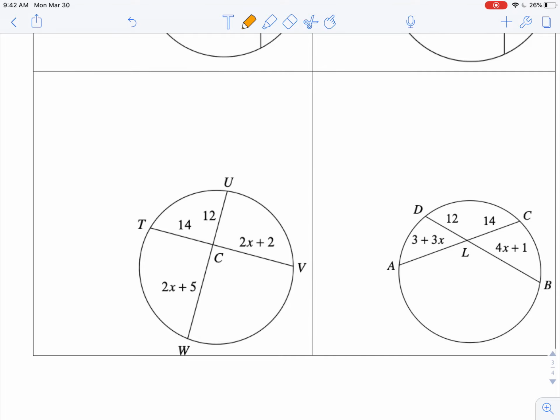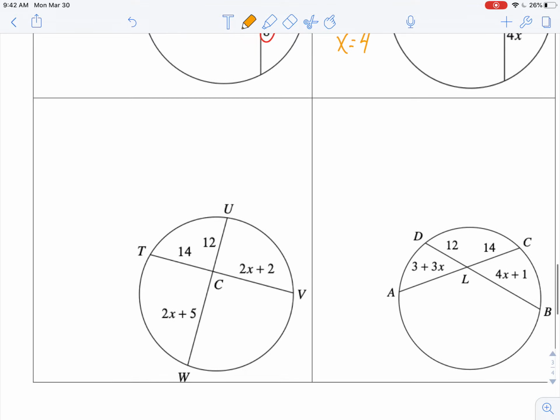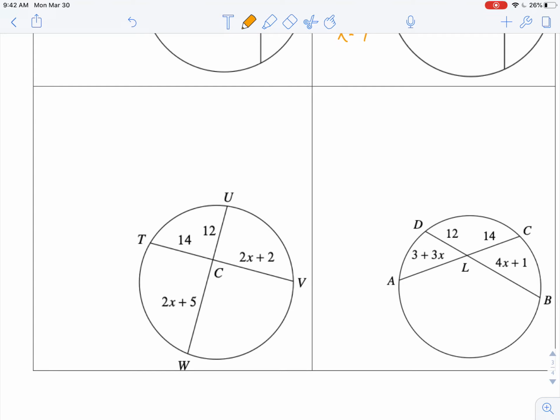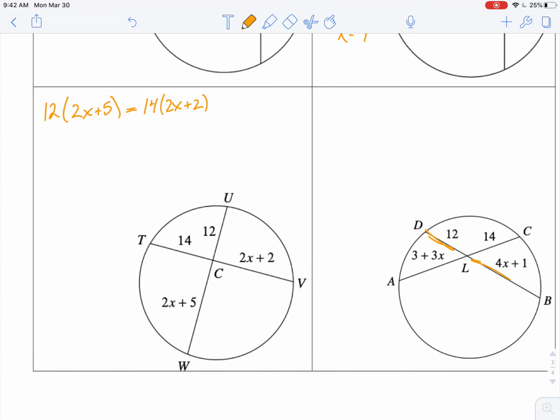So using the same approach, I want you guys to solve. You know what, I want you to just set up these first steps in the last two. So just do your first step here. So part times the other part. So pause the video and try that one, and then unpause and see how it went. So 12 times 2x plus 5 equals 14 times 2x plus 2.